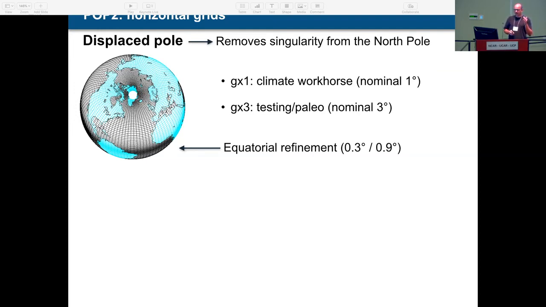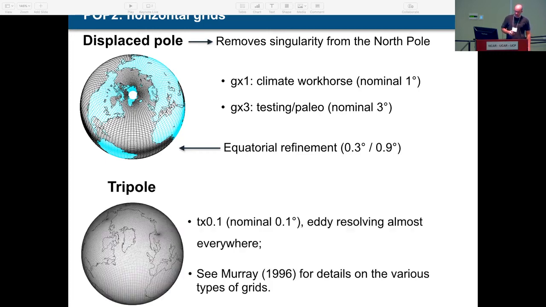All of them have an equatorial refinement, so near the equator we increase the resolution to represent equatorial processes better. The other grid used with POP is the so-called tripole grid at 1/10 of a degree. It's nominal 1/10, and it's eddy resolving almost everywhere. If you're interested in learning about the different grids in more detail, not just what was used in CSM but in general, I'm putting a reference here to this Murray 1996 paper, which describes all the types of grids very nicely.